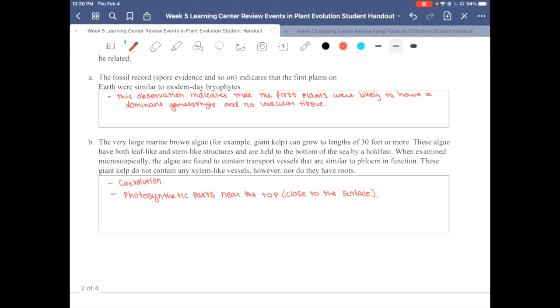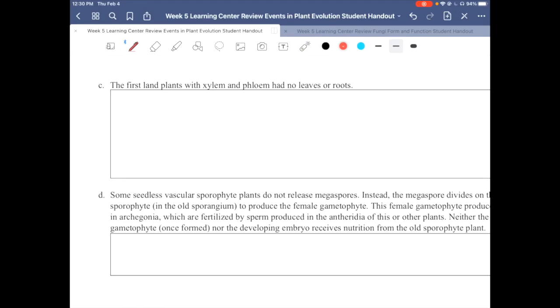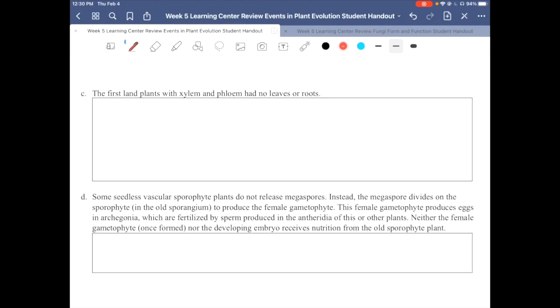Okay, next part. So this says the first land plants with xylem and phloem had no leaves or roots. And what this indicates is that there was a selective advantage to having xylem and phloem alone.